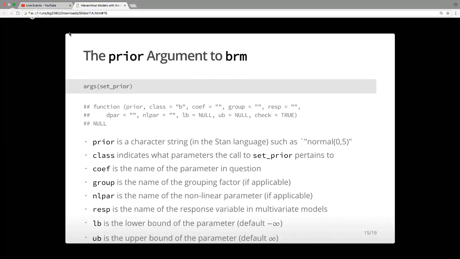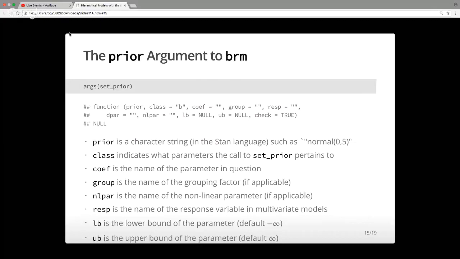So when you call set_prior, the first argument, prior, is a character string specifying the name of the distribution and the parameters that you want to use, using the Stan language. So normal(0, 5) indicates a normal prior with an expectation of 0 and a standard deviation of 5 on whatever you're talking about.